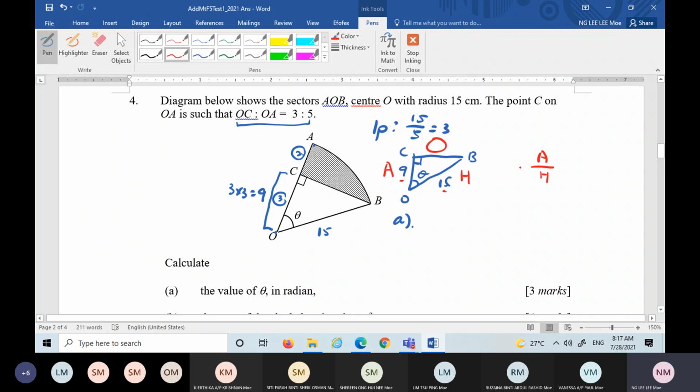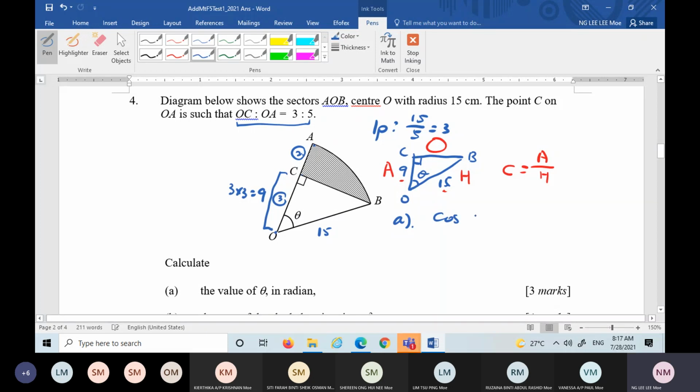So which one do I have to use? Which one? Someone want to help? Cos. Okay, so cos. Change back to blue.